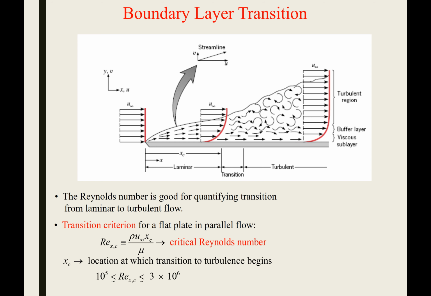So one thing to keep in mind is that unlike in your fluids class, when you have that particular number in mind, when you have flow over a flat plate, your Reynolds number is going to be calculated differently. So here, for flow over a flat plate, the Reynolds number is calculated like this. The Reynolds number is rho times the bulk velocity times x over mu, where mu is still the viscosity.